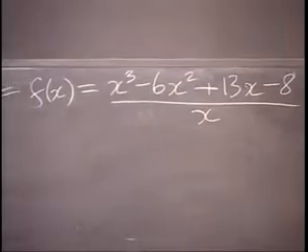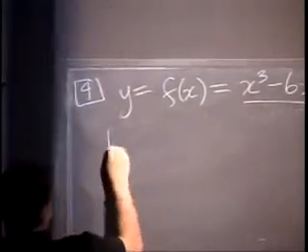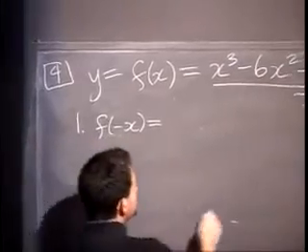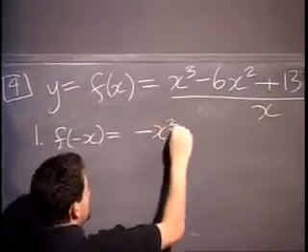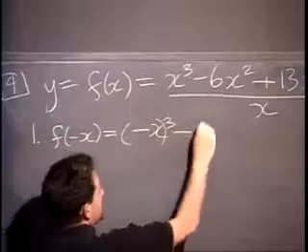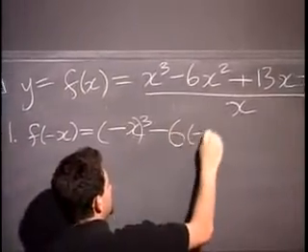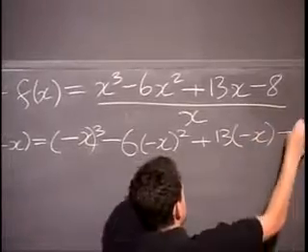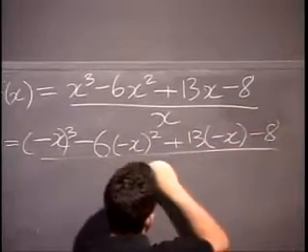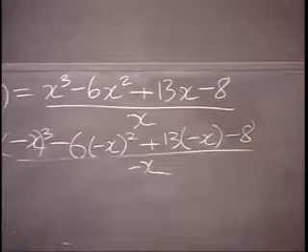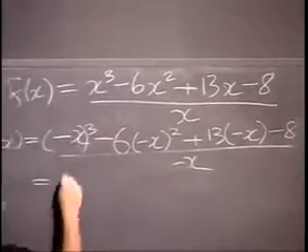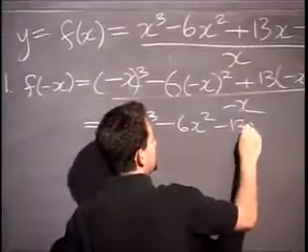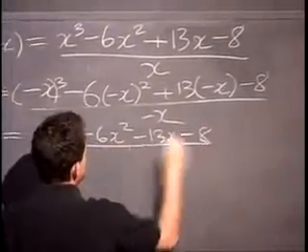All right, let's go through it. 1, put f of minus x, you get minus x cubed minus 6 times minus x all squared plus 13 times minus x minus 8, all over minus x. I don't have high hopes for this. We get minus x cubed minus 6x squared minus 13x minus 8 divided by minus x.